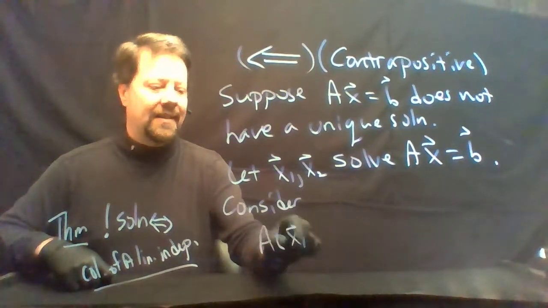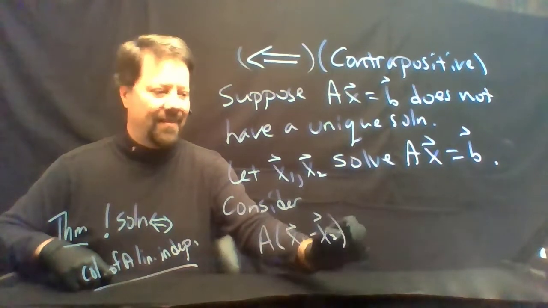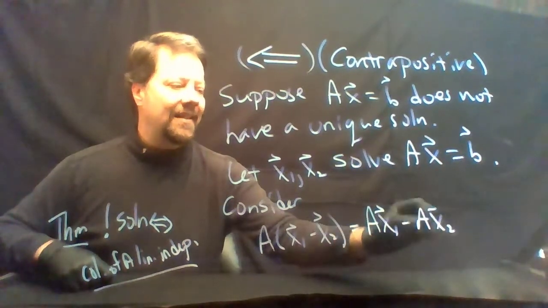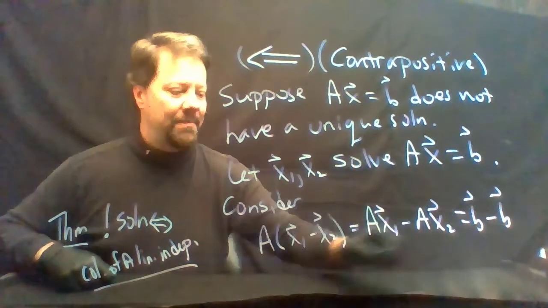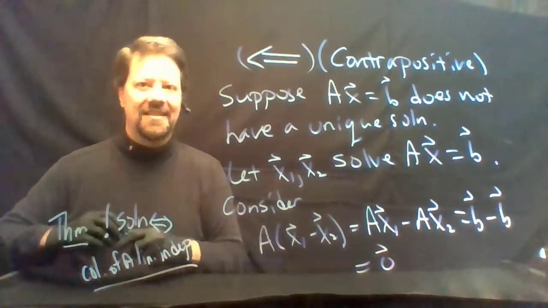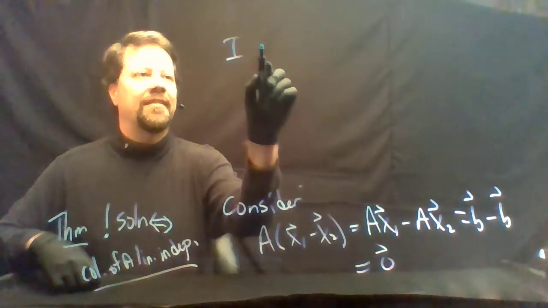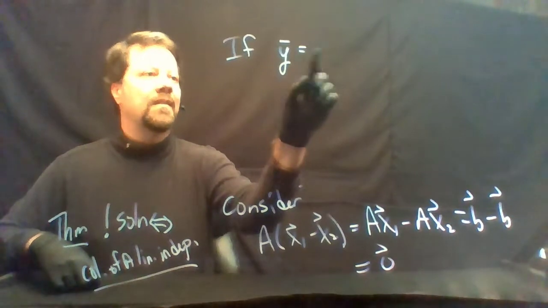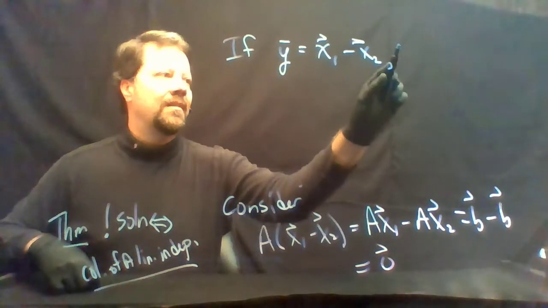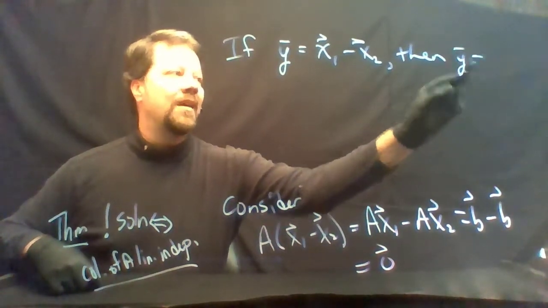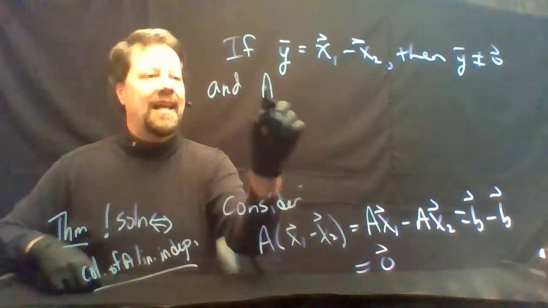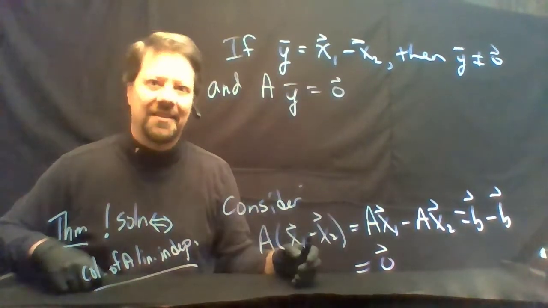A times (x1 minus x2). By the distributive law, we can write that as Ax1 minus Ax2, and that's b minus b, which is 0. That means that if y bar is x1 minus x2, then y bar is not the zero vector because these are not the same, and A times y bar is the zero vector.